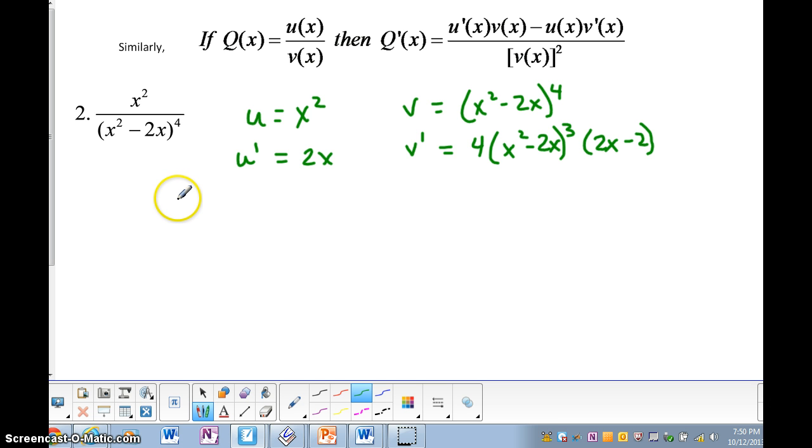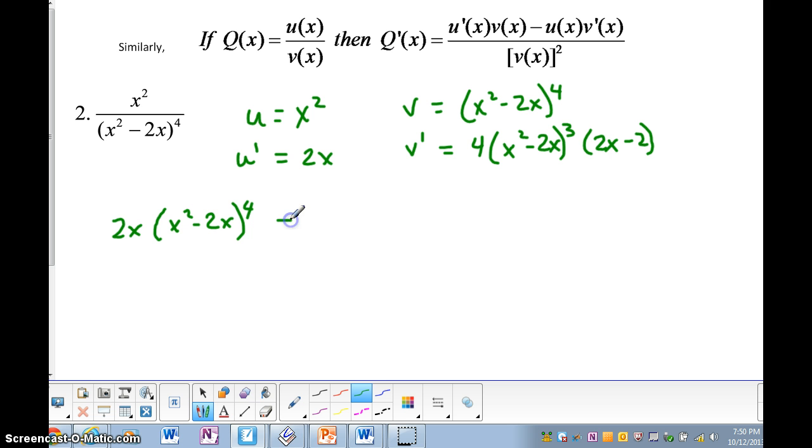Okay. So now we just have all our parts. We're going to plug into our quotient rule. We have our u prime times v minus our u times v prime all over v squared. Okay, so u prime is 2x. Our v is x squared minus 2x to the fourth.